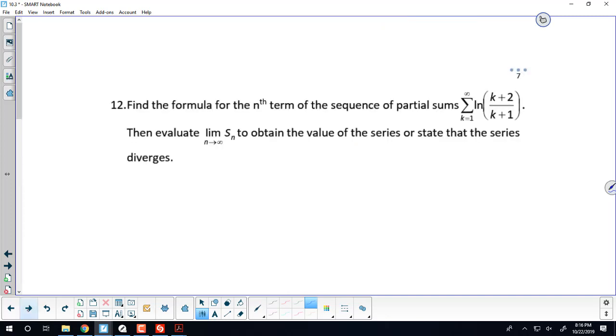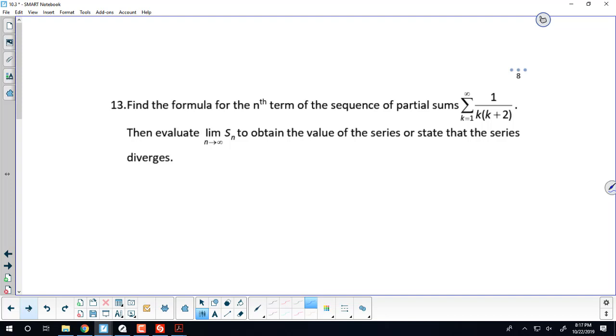So then, examples like example 12 and example 13, initially they don't look like telescoping series, but if you remember, we've got a simple linear times a simple linear, right?